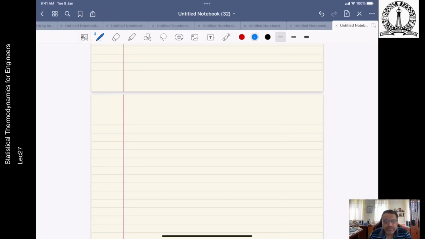In the previous class, we provided quite a bit of information on how the term symbols can be written.